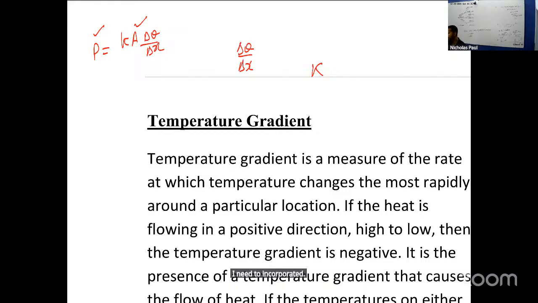So you're saying that the higher the thermal conductivity, the smaller the temperature gradient? Why is that? A lot easier explanation.